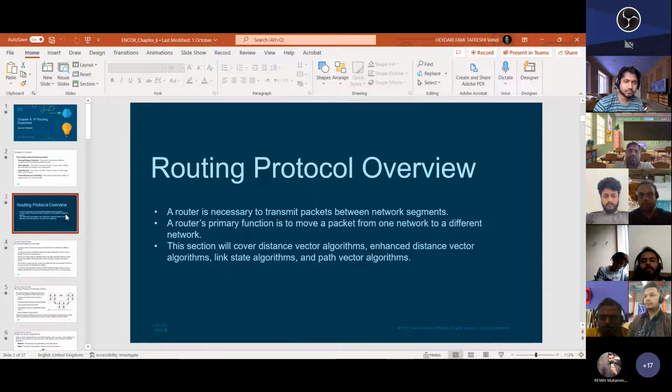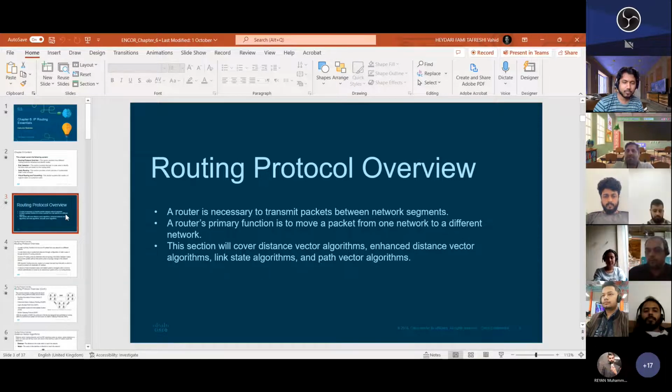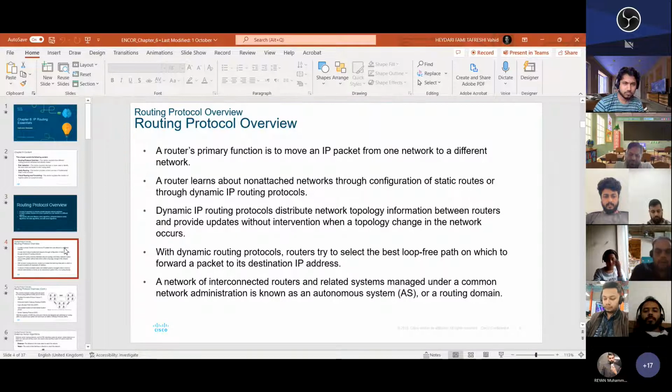So today we're going to see all these three main categories and how they are similar or different. With distance vector routing protocols, we also have another subcategory called enhanced distance vector routing protocols. An example of that is EIGRP, which two students today are going to talk about as well.